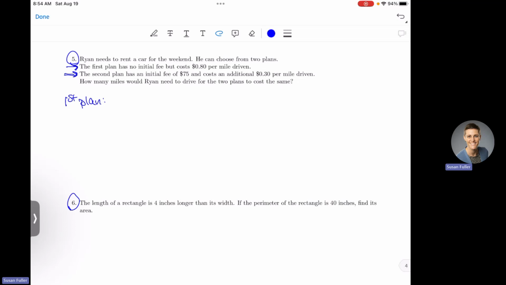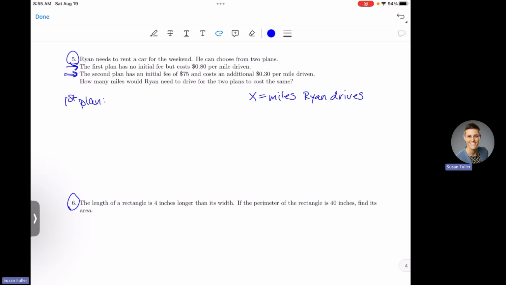I'm going to use X because I feel like that's where we're the most comfortable. My variable is going to be X, and I'm just going to make a note here that my variable is going to represent the miles that Ryan drives. It's going to be the miles driven. That's what my variable represents because that's what these plans' costs depend on.